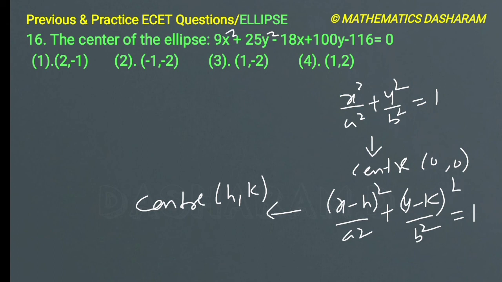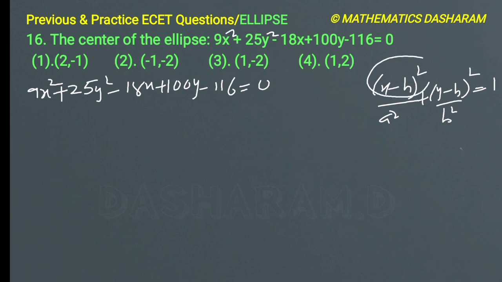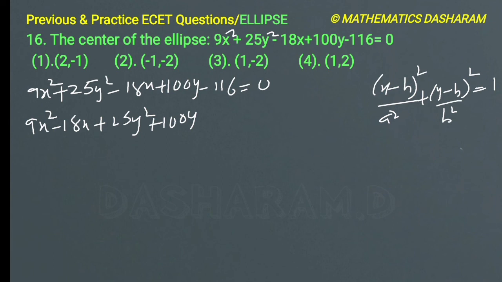Okay, so that means the given equation converts into this form, x minus h whole square by a square plus y minus k whole square by b square. So here we need x minus h whole square. So I am writing 9x square beside 18x, next 25y square beside plus 100y, and 116 transposed to the other side.